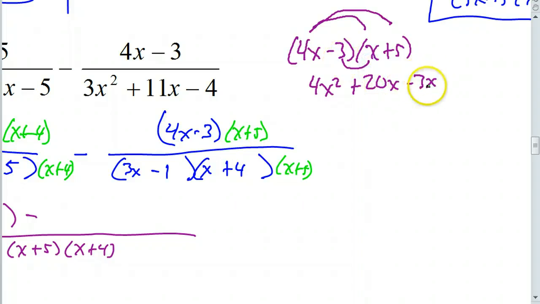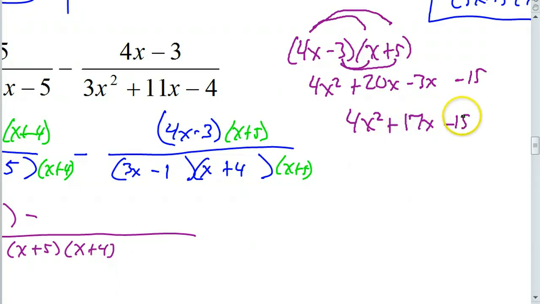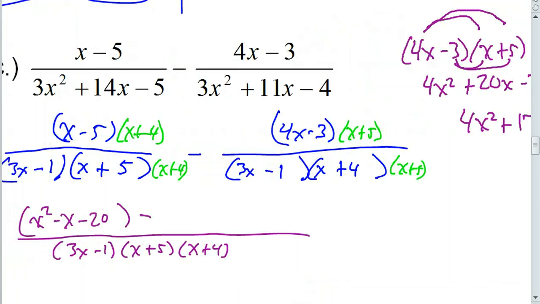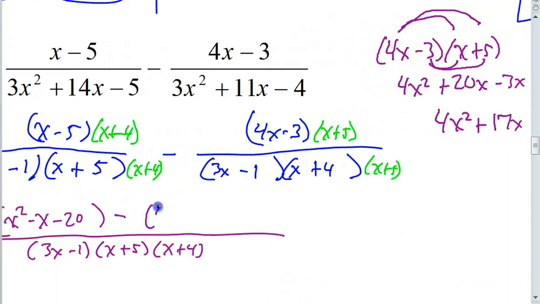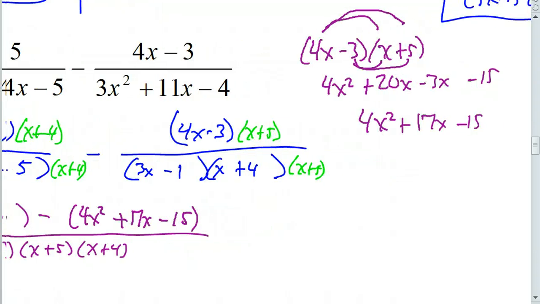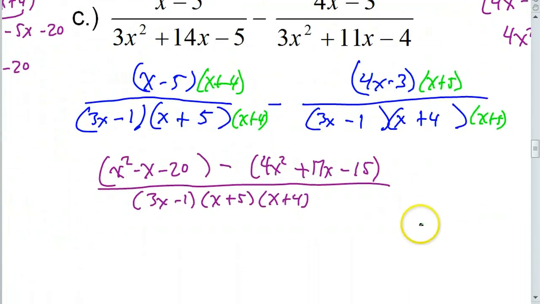Then I've got negative 3x and negative 15. So that's going to make 4x squared plus 17x minus 15. So I've got 4x squared plus 17x minus 15.